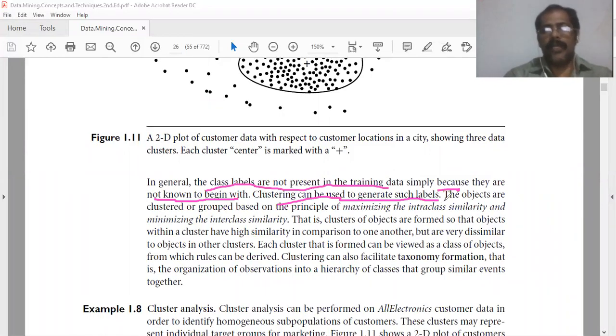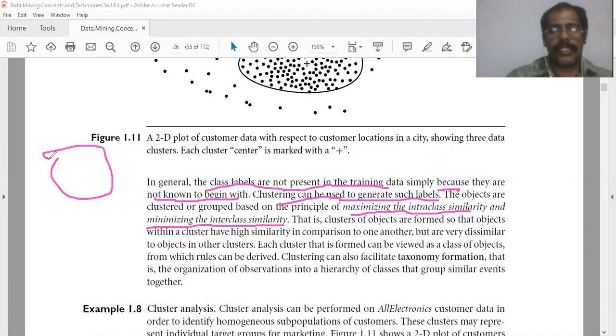The principle used for clustering is maximizing the intra-class similarity and minimizing the inter-class similarity. Consider this is one cluster and this is another cluster.